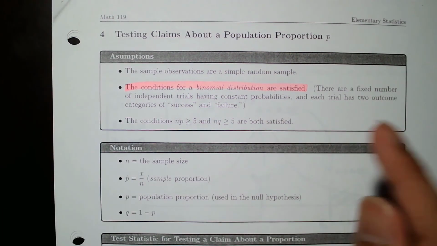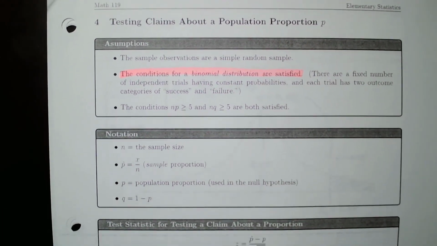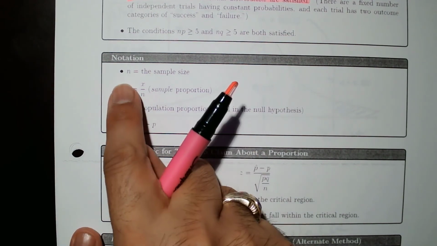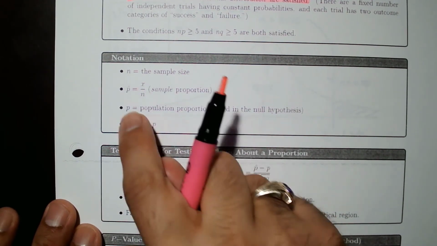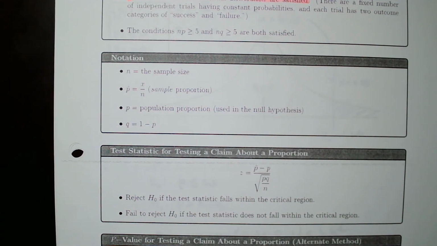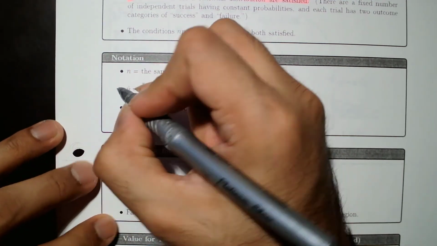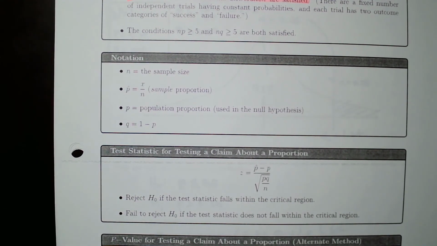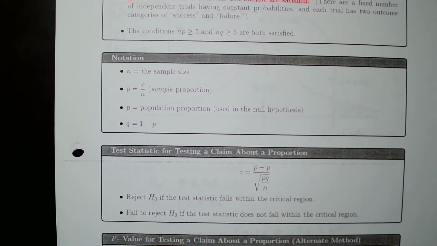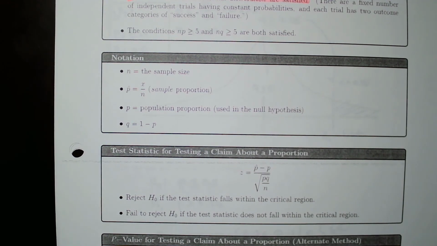Okay, so notation. What are we going to have for notation? Well, n is the sample size. P with a hat, well, here it is a little bit hard to see. Well, maybe it's easier to see it in your papers if you have them. Let me get my pen here.